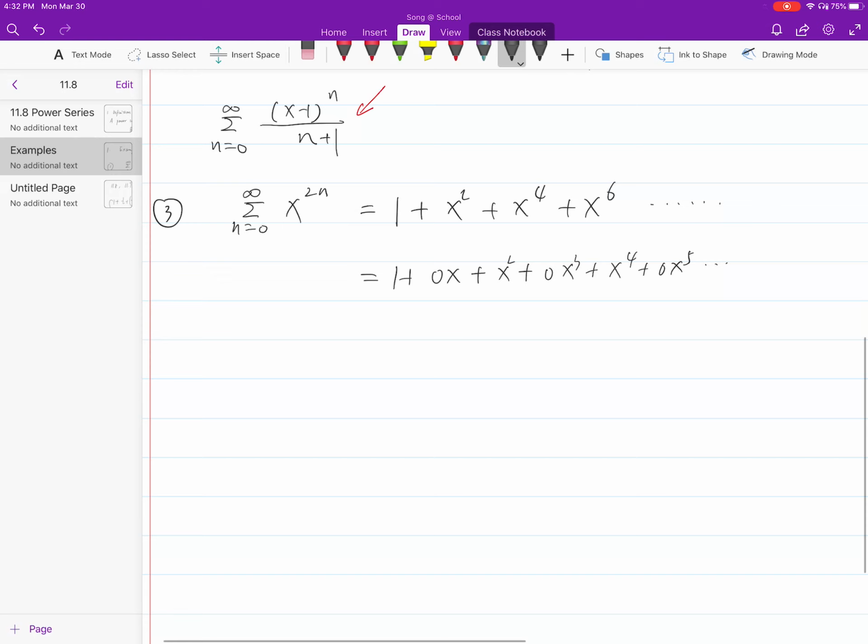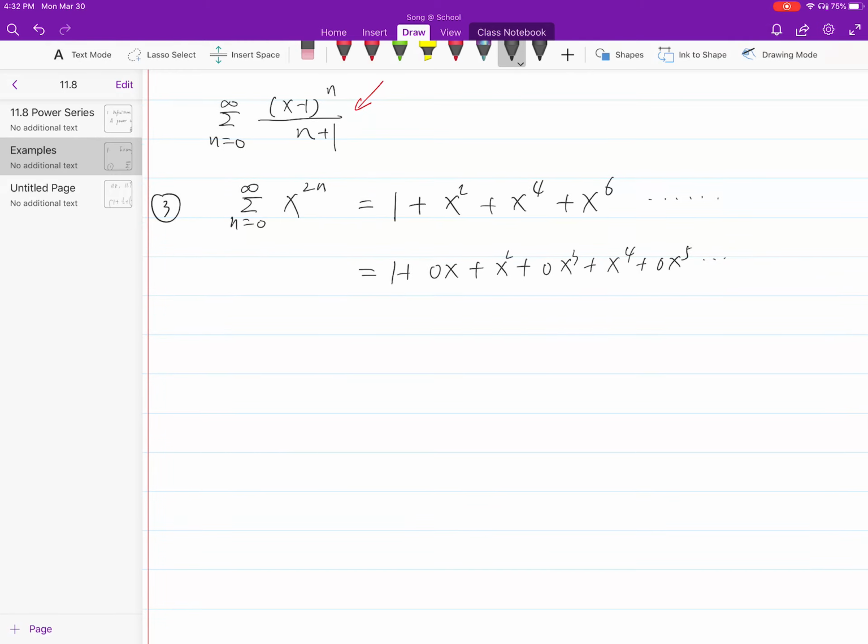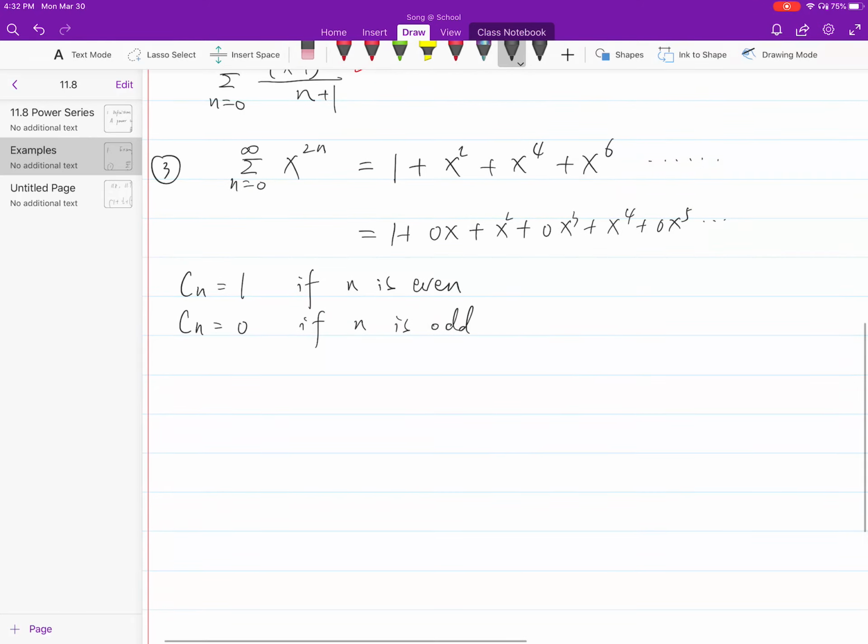So instead of saying we're missing some of the terms, we say we do have all the terms, but some of the coefficients are 1 if n is even, and some of the coefficients are simply 0 if n is odd. Okay, so two points I'm trying to make here. Number one, we do include all the powers, but some of the coefficients can be 0. Therefore, sometimes you may not see the power because you have a 0 coefficient. Second, what is C2 here? Okay.